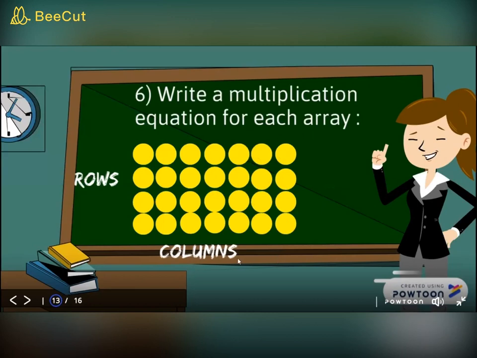Wow, it's so big. 4 rows and 7 columns. How will I write my multiplication equation here? I will write the number of the rows times the number of the columns. 4 rows times 7 columns.